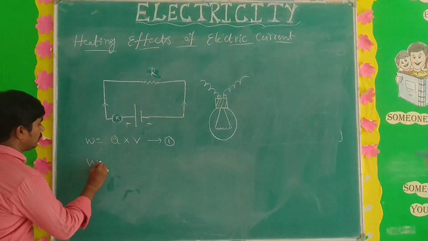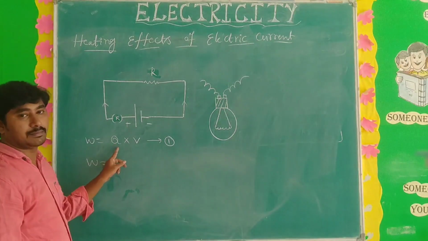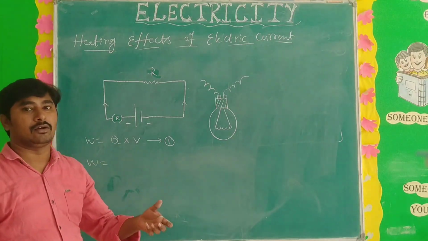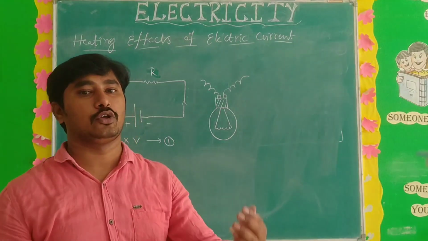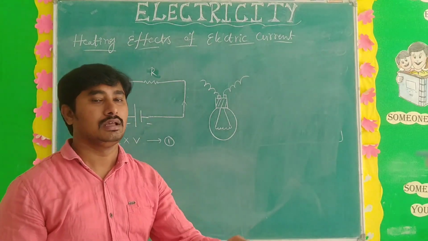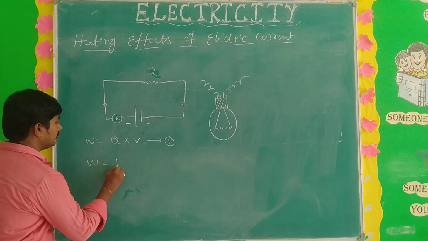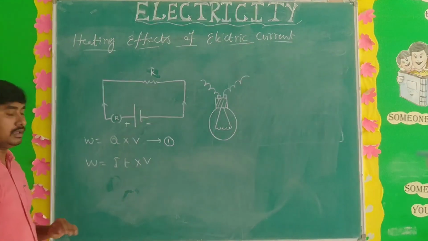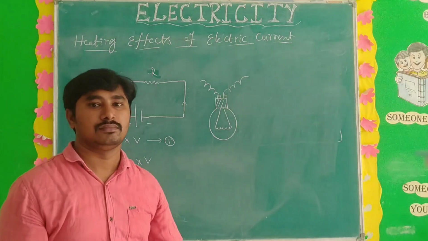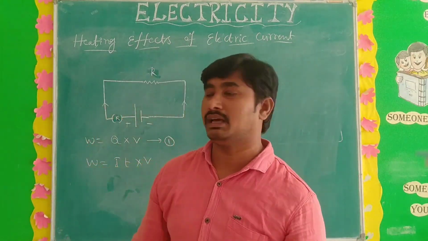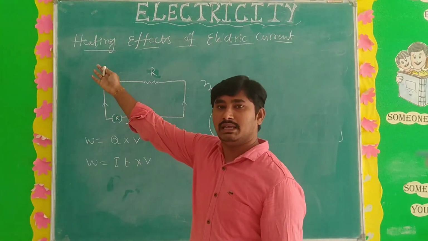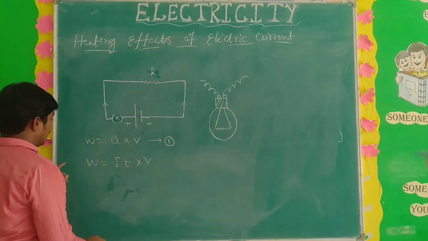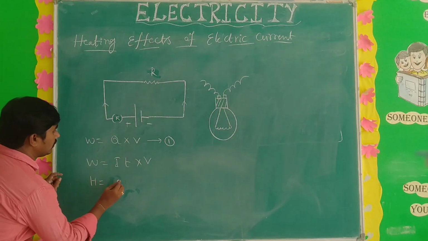Now you know the formula for current: I is equal to Q by T, so Q is equal to IT. V is already there. Here the work is nothing but energy, heat energy, so W becomes H. What is the formula?